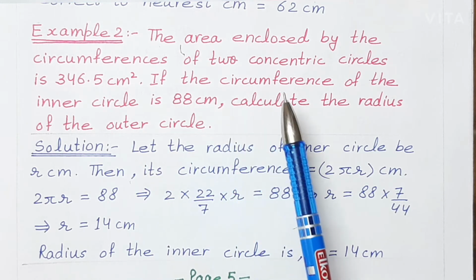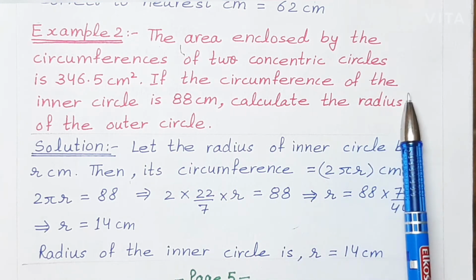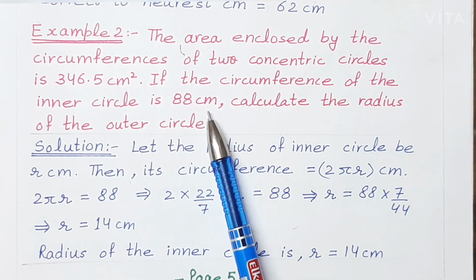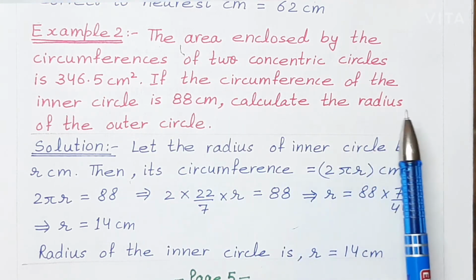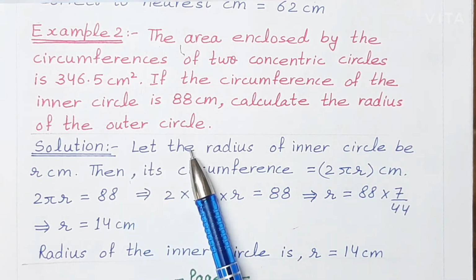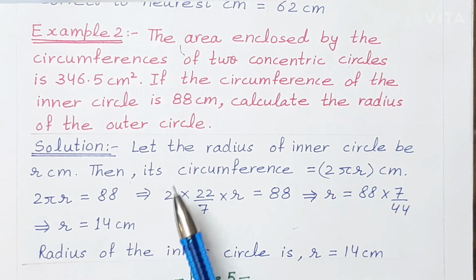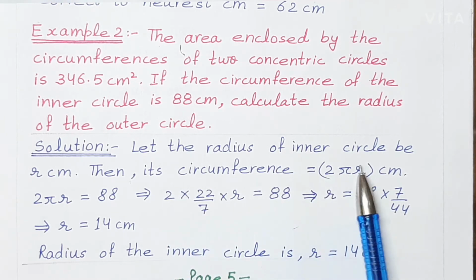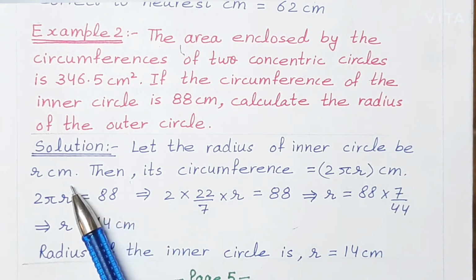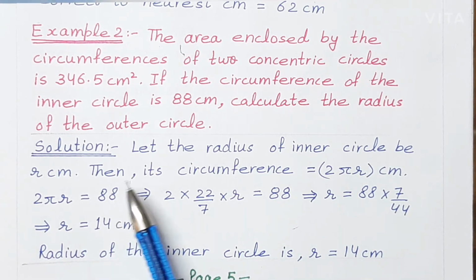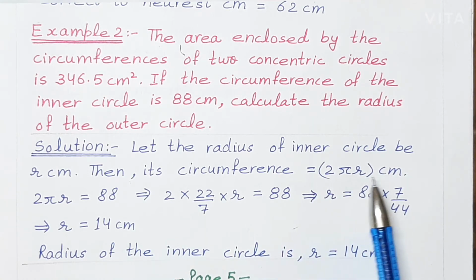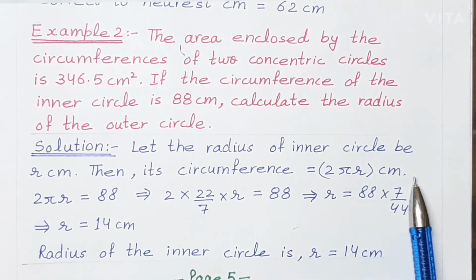If the circumference of the inner circle is 88 centimeter, calculate the radius of the outer circle. Clear? Now let the radius of inner circle be r centimeter, then its circumference is 2 pi r centimeter.